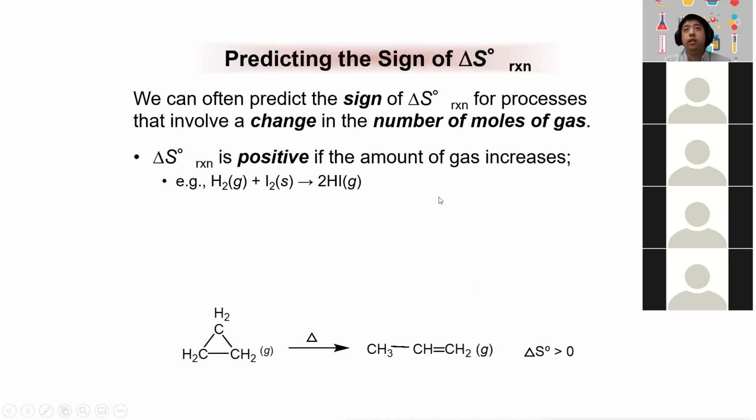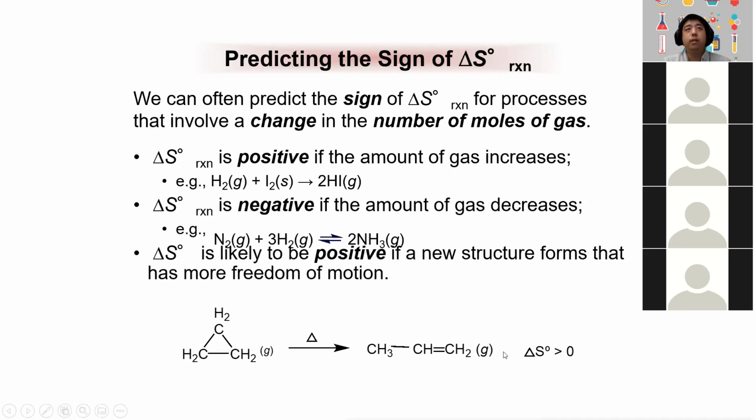Okay, so looking at this example here, it depends on what I am trying to produce. If I look at this first example, it depends on the change in the number of moles of gas. As I shift from left to right, have I increased in the number of moles of gas here?